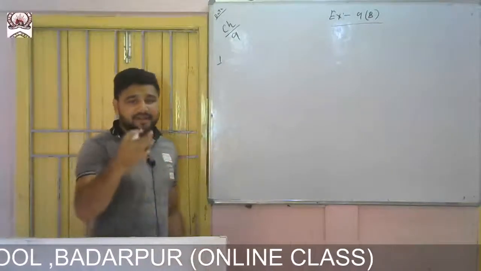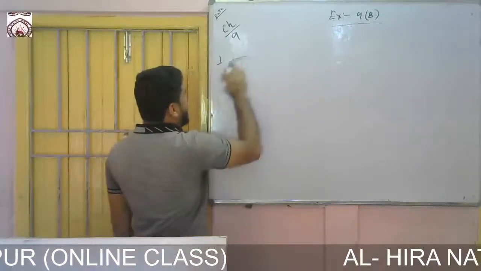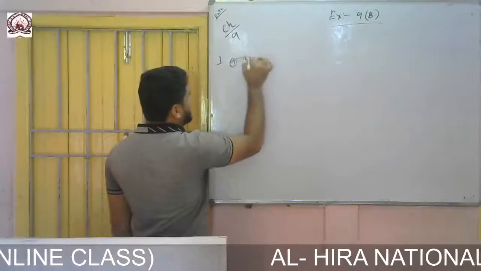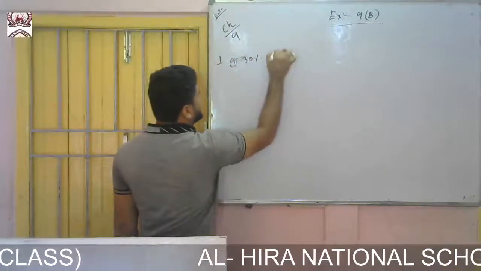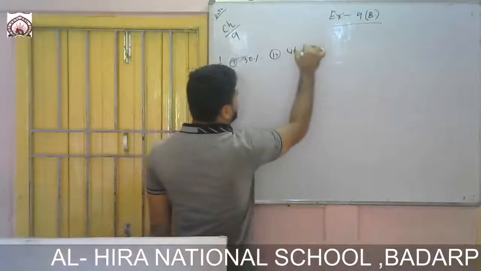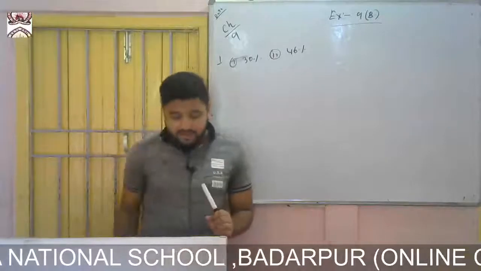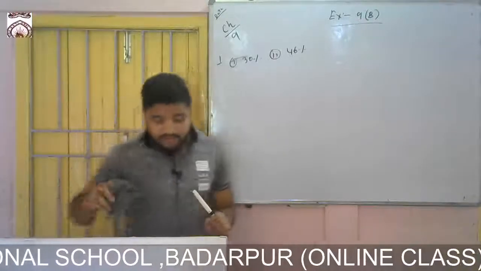With 70, if I add 30%, then I shall get 100. So the answer is 30%. And number 2 will be 46%.